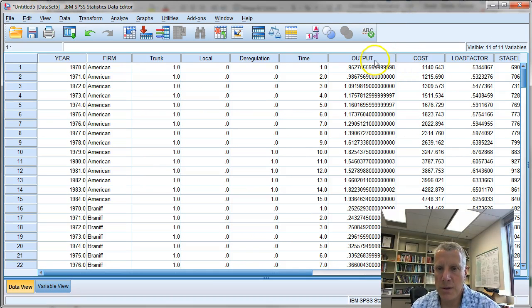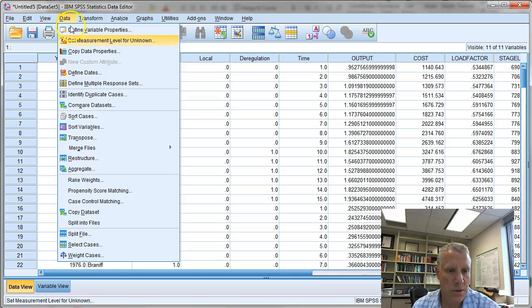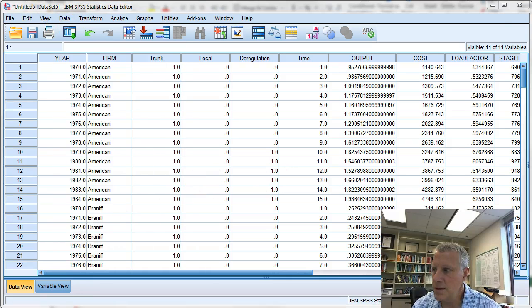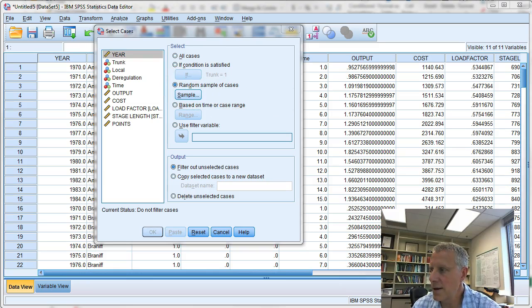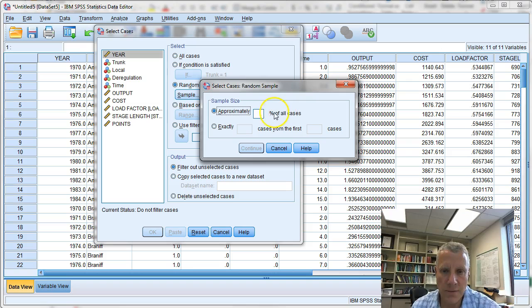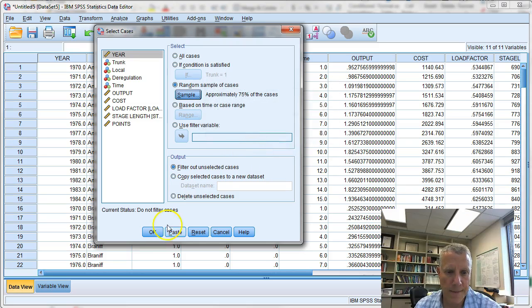For a simple cost function, I am going to select cases. I'm going to randomly select a sample of cases so that I get different answers than y'all do. So I'm going to do 75% of all cases in the data.